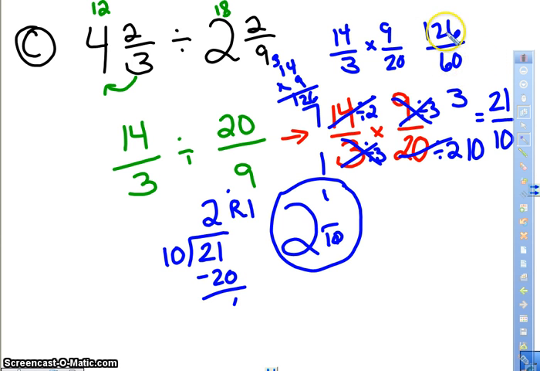See how many times 60 can go into 126, and it can go in 2 times with the remainder of 6 60ths. And then I would divide by 6 to get my 1/10. Okay, that process is fine. You're fine to do that. But the bigger the numbers are that you're multiplying, the more susceptible to a mistake you are. Okay, so if you can cross reduce, it's usually going to help you out a lot more.